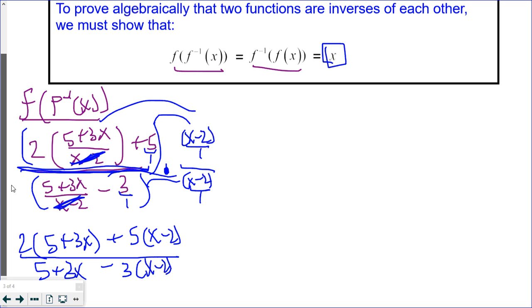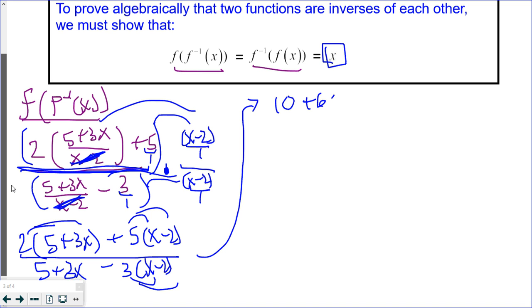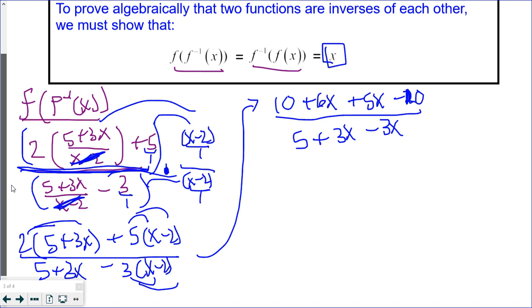Now, I'm trying to keep this video short, so we're just going to do this simplification quickly, and you can probably simplify it pretty well from here. But if I distribute the 2, distribute the 5, and distribute the 3 on all these quantities, you get 10 plus 6x plus 5x minus 2, or I'm sorry, minus 10, apologize, all over 5 plus 3x minus 3x minus 2.